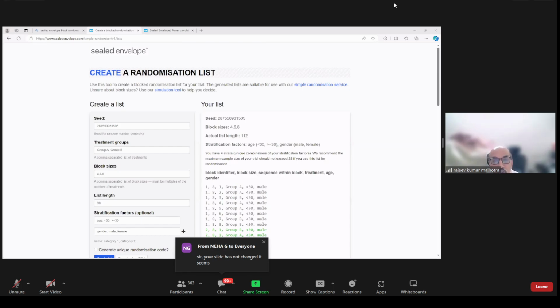Fourth is the feasibility study. When you calculate the sample size, you find out whether you are able to do the study or not. Suppose you have calculated the sample size as too high, and you are not able to do the study because subjects are not available or logistic conditions are not appropriate.